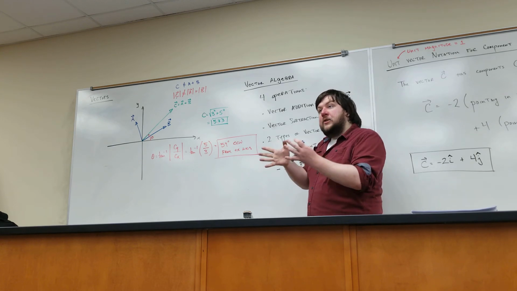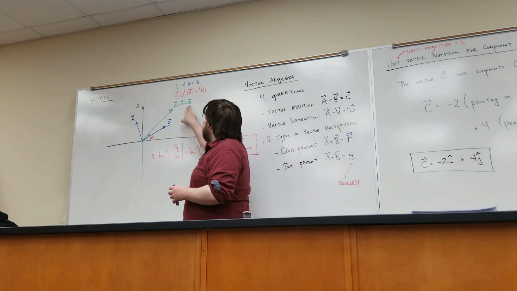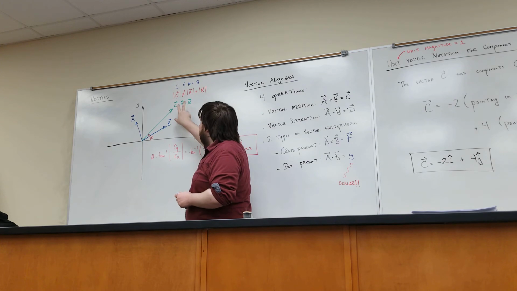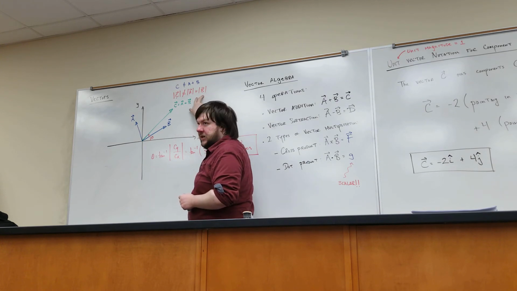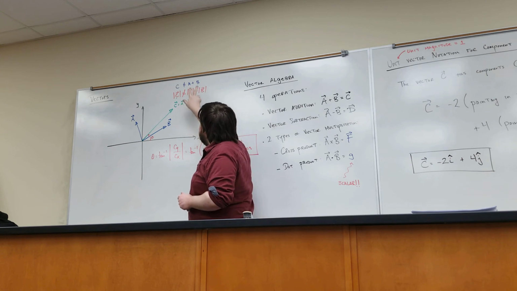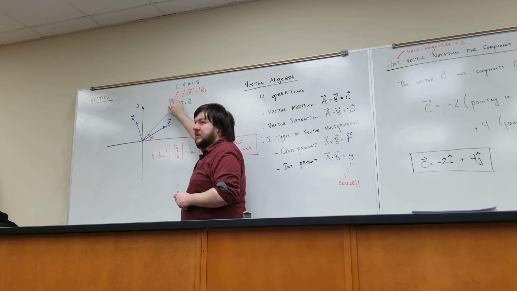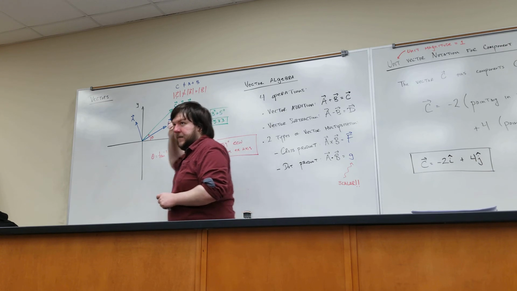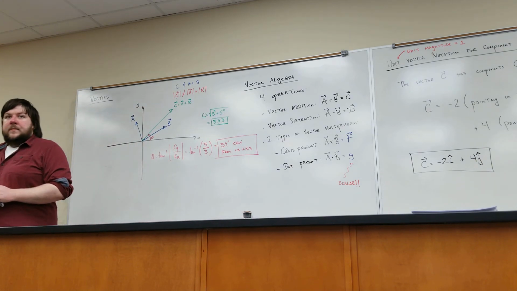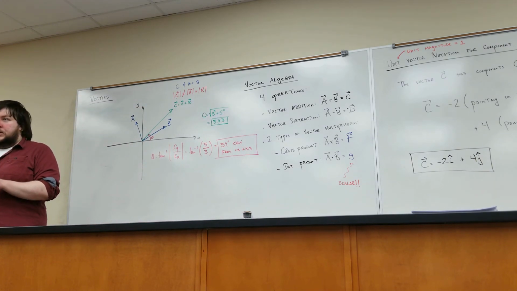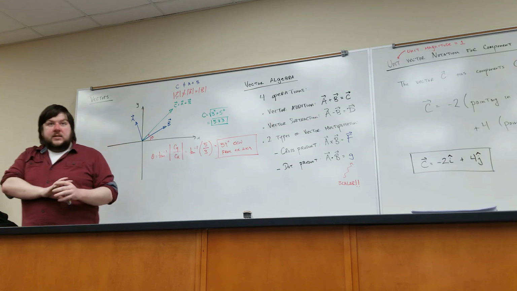For instance, vector addition is different than scalar addition. The vector addition of A and B does not imply that the sum of the magnitudes equals the magnitude of C. I'm just illustrating properties now. Any other questions? I'm trying to show you guys that vectors are different than scalars.